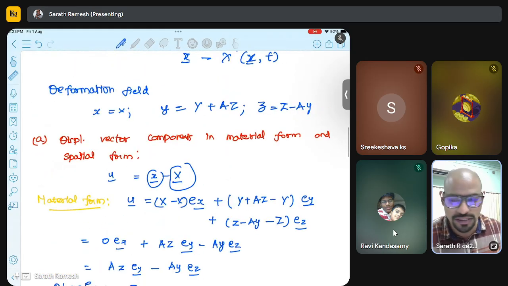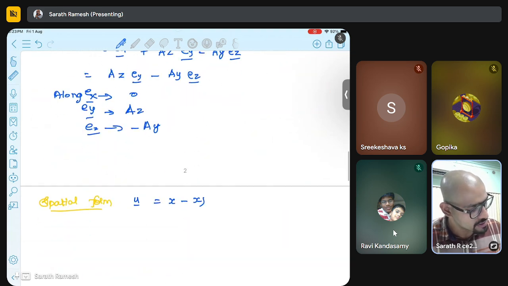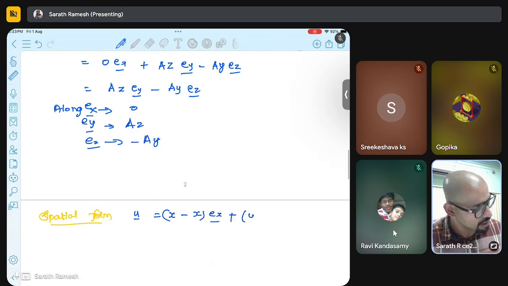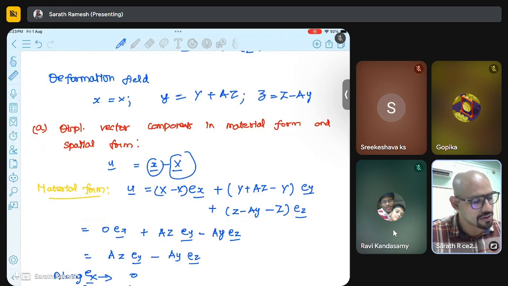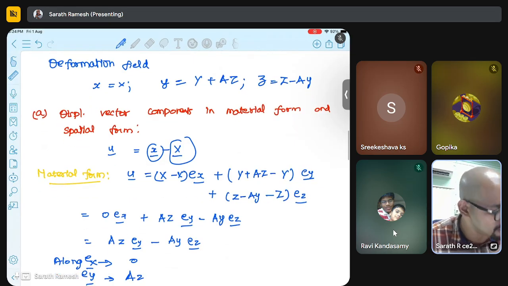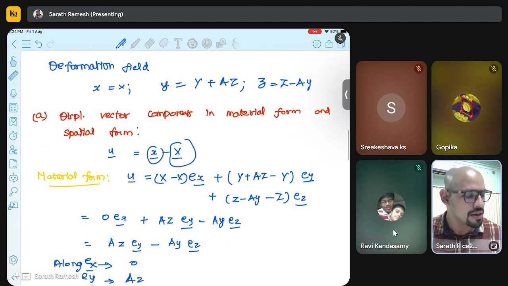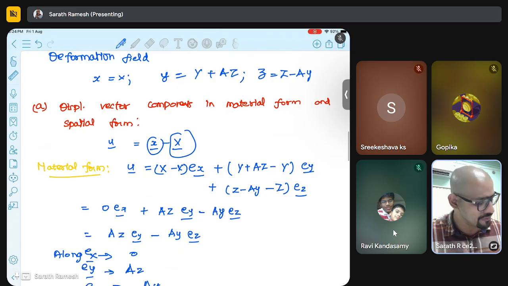Since small x is equal to capital X, we can write this also as capital X, this is the EX component, plus small y minus capital Y. Capital Y here is not given straightforwardly, so we have to do algebra to find capital Y and capital Z in terms of small x, small y and small z. So we just have to simplify the equations.